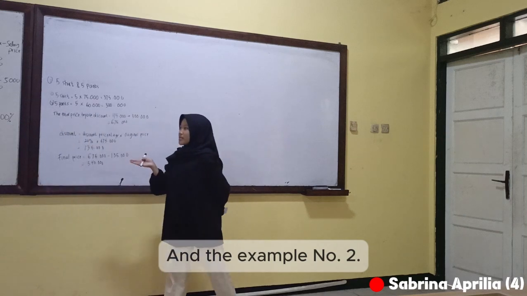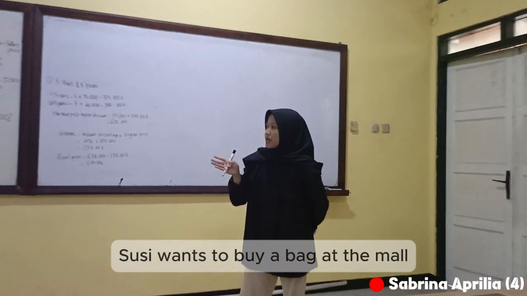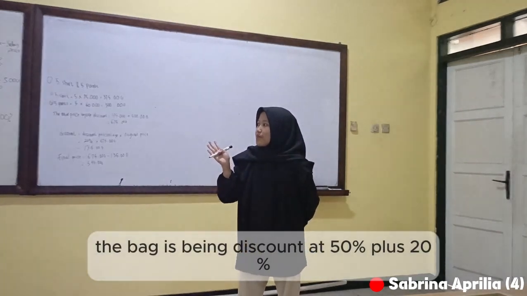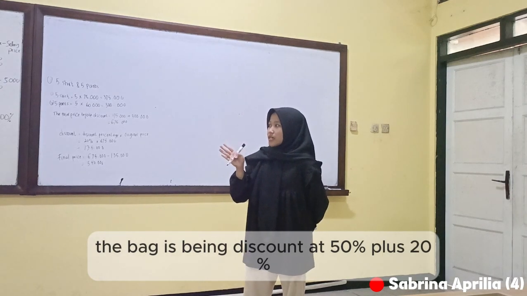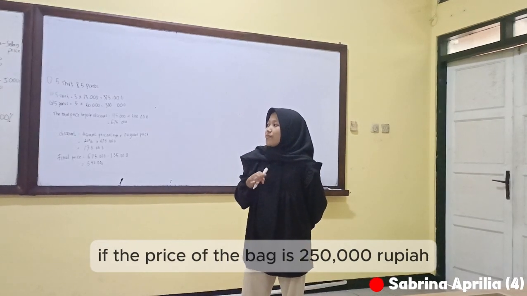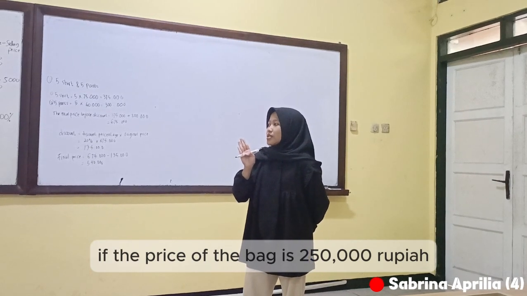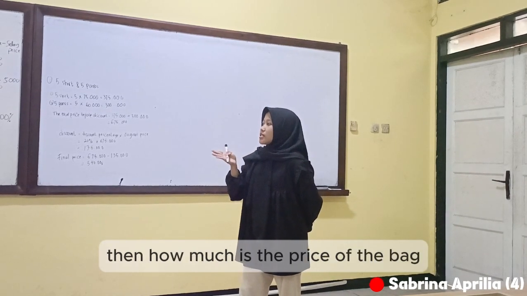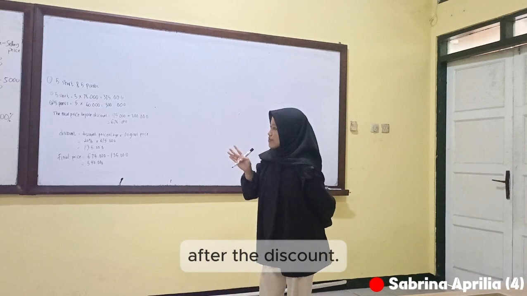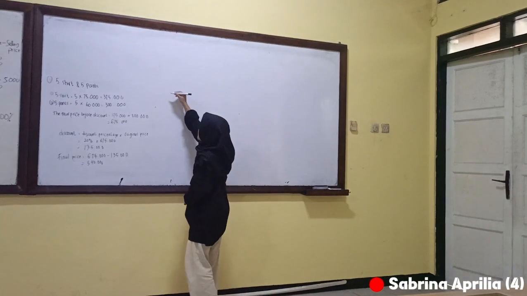And example number 2. Susie wants to buy a bag at the mall. The bag has a discount of 30% plus 20%. If the price of the bag is 250,000 rupiah, then how much is the price of the bag after the discount? Okay.